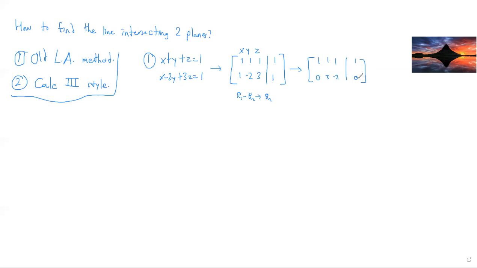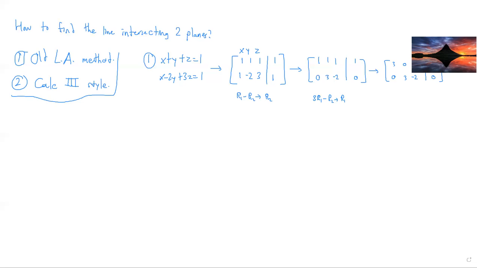Now we focus on this term here. We want to make this equal to 0. So let's do 3R1 minus R2 goes to R1. And when you do that, it's 3, 0, 3, and 3 times 1 minus 0 is 3. The bottom stays the same: 0, 3, negative 2, and 0.